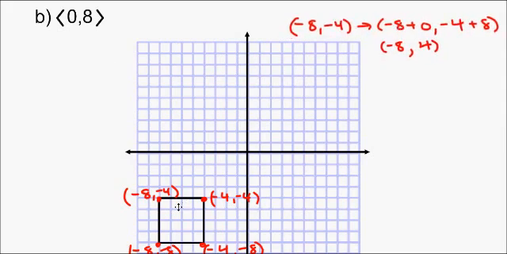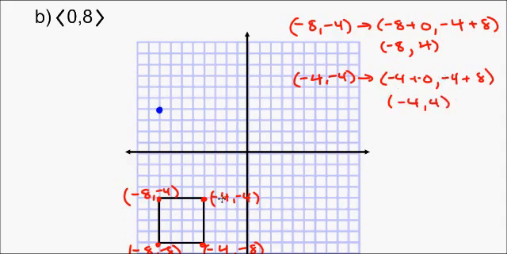So -8, +4 is 1, 2, 3, right here. Okay. Then -4, -4. -4 plus 0, -4 plus 8, we get -4, 4, which is here.